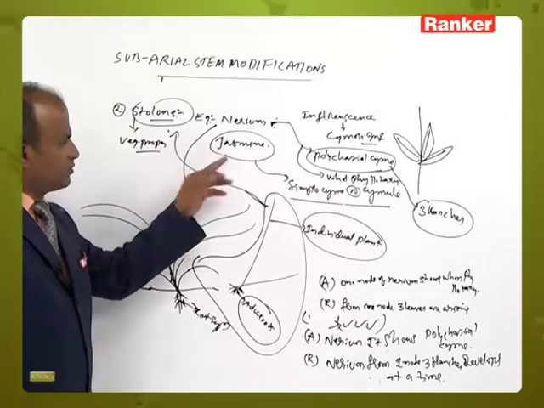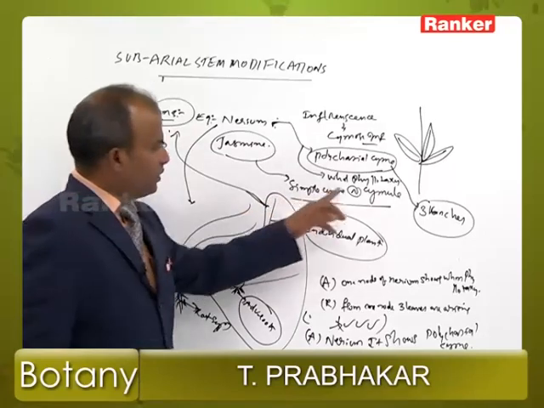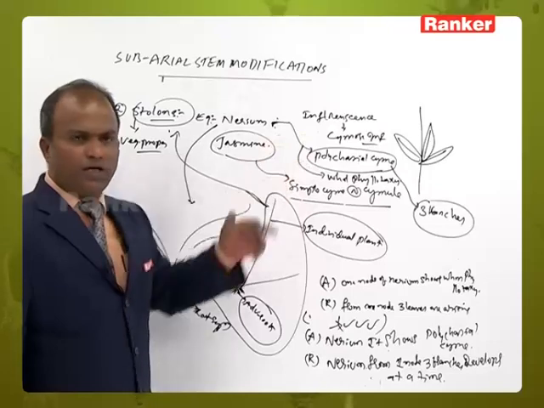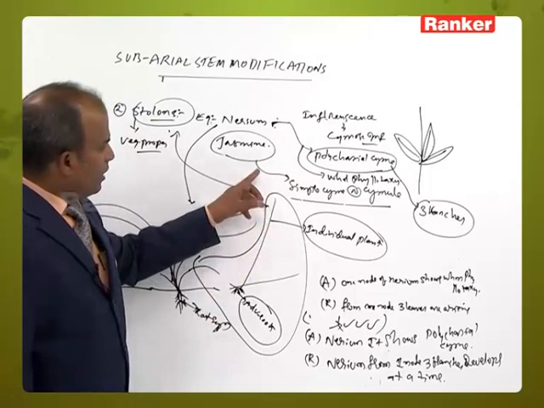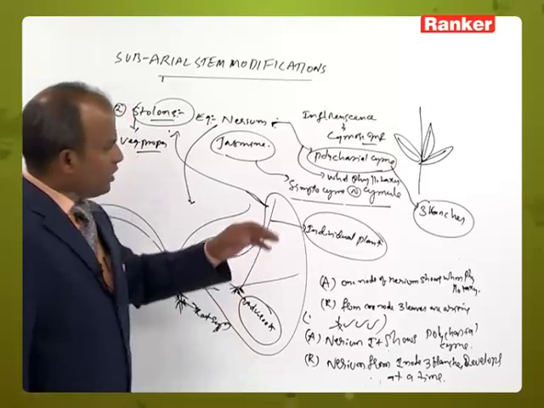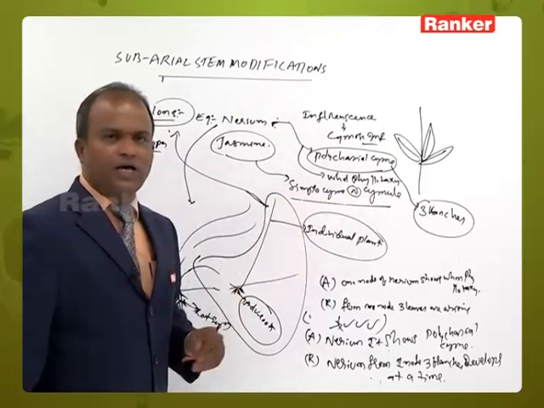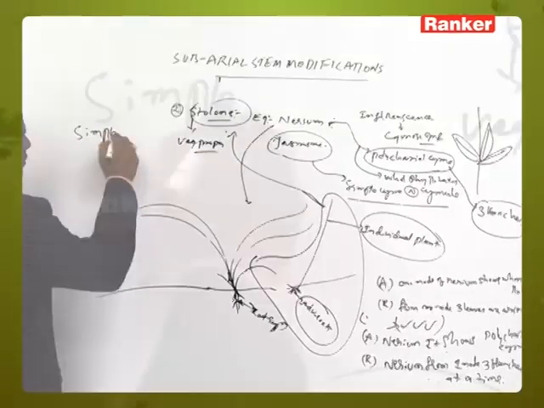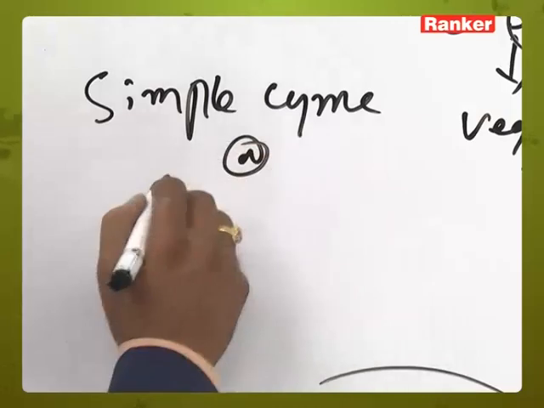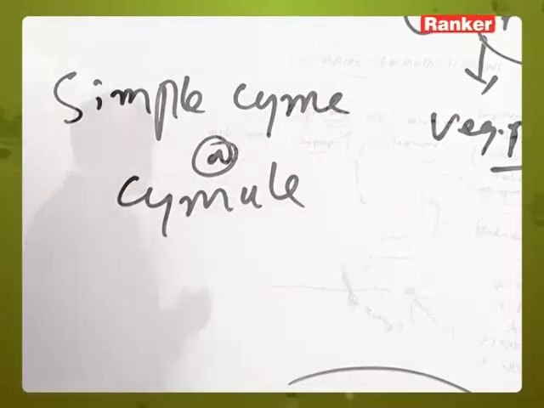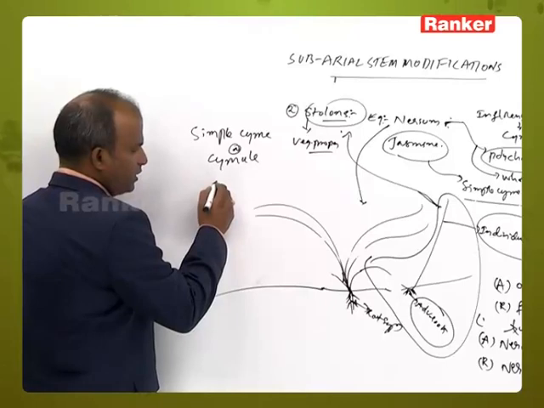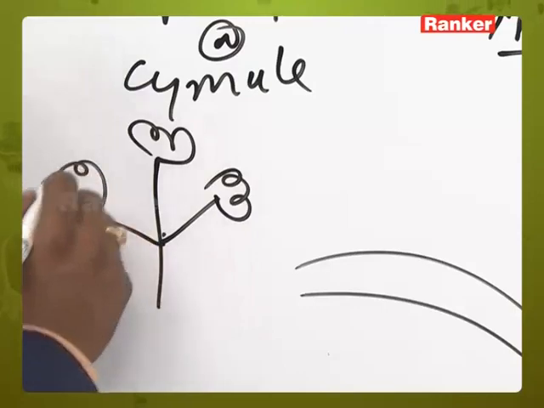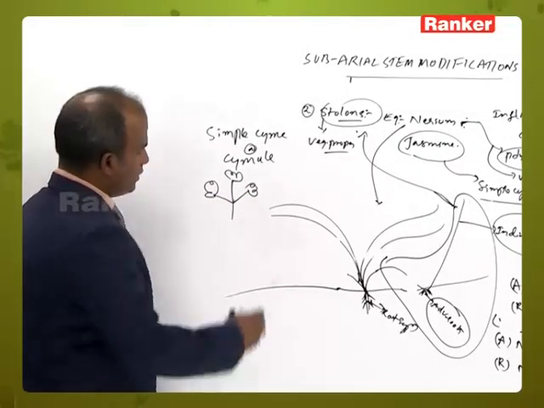And what happens in jasmine? In jasmine, it shows simple cyme or cymule. Jasmine also belongs to cymose inflorescence. What is the definition of simple cyme or cymule? It is a two-branched and three-flowered inflorescence.